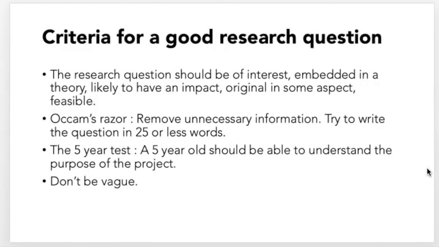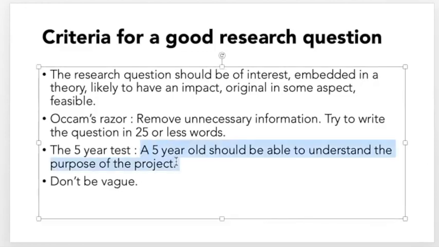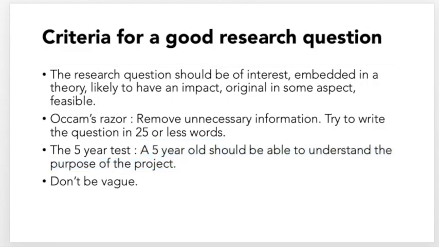Question also you can try to make really concise. And any person who reads this should be able to read and understand. Of course, now there are some technical words people might not be able to understand, but mostly we have to make sure that when people read this, they can read and understand. Now, this is the criteria for a good research question.